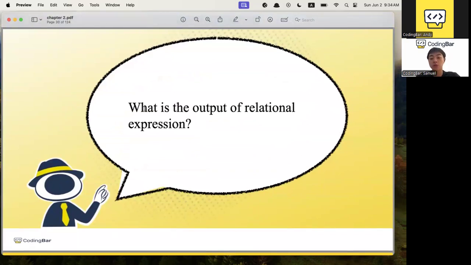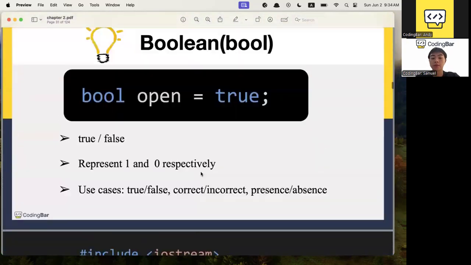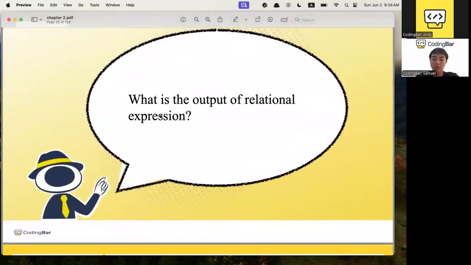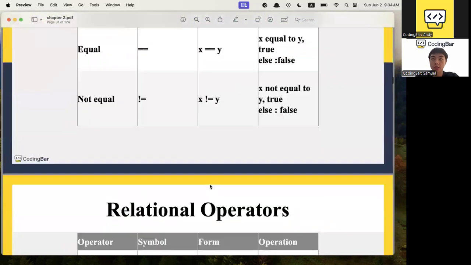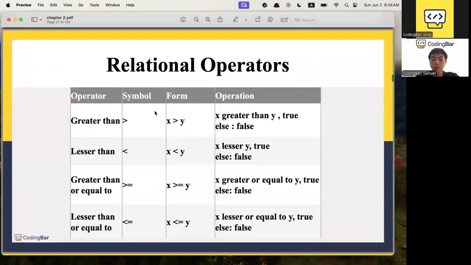And what is the output of a relational expression? This might be a question in your mind. The output of a relational expression will be a Boolean. Why is that so? It actually makes sense because we are comparing something. It's like I'm asking you a question: is x greater than y?